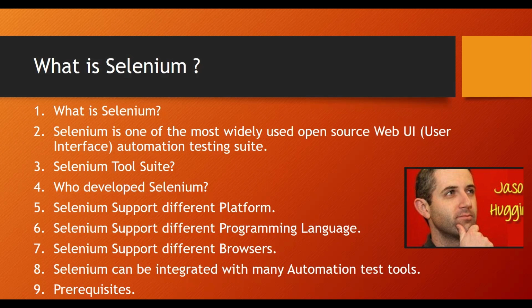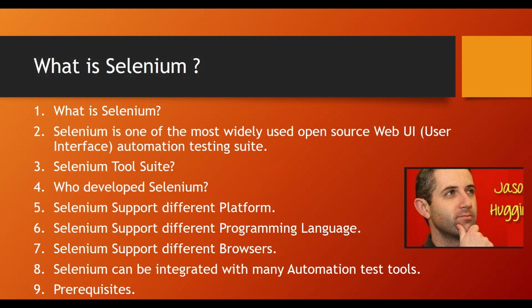Actually, in 2004, he was working on a web application that required frequent manual testing. It was taking time, so he thought to develop an application so that automation testing would be possible through that program.